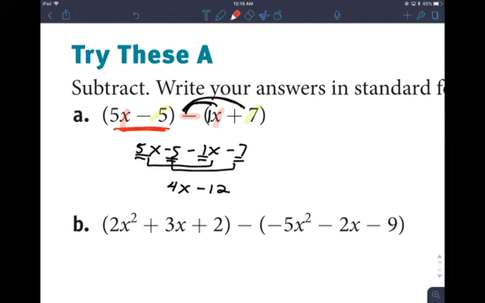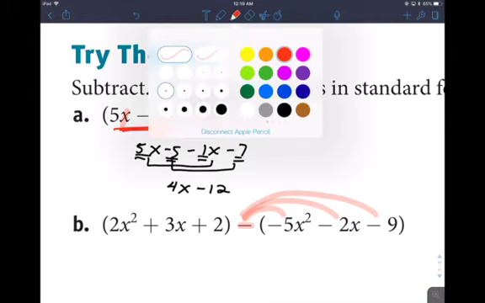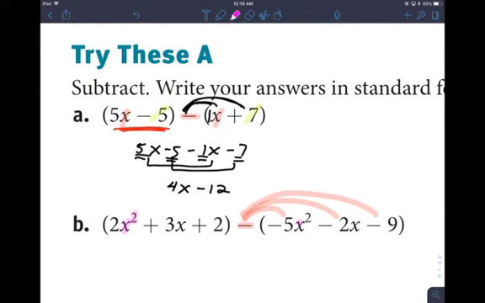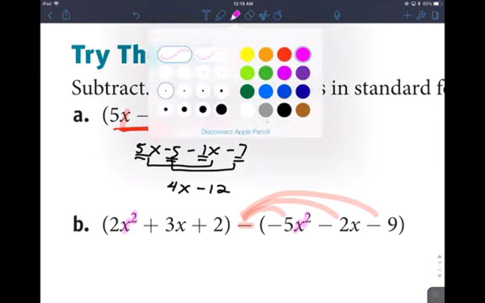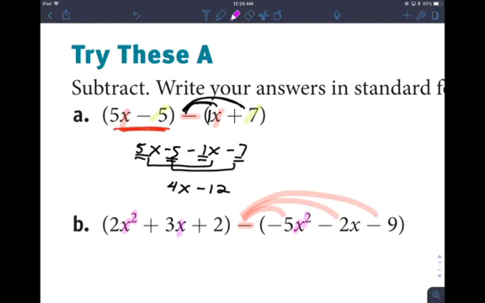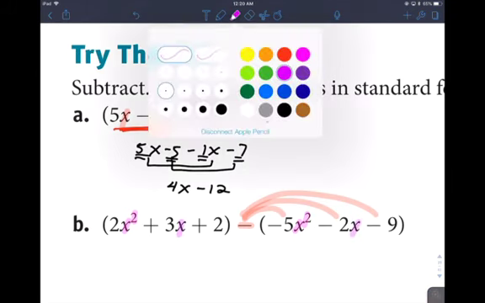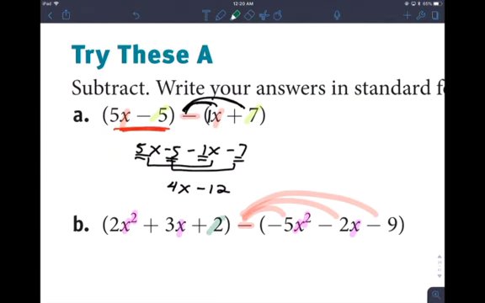Again, notice that we are subtracting. We have to distribute the negative to all that. Identify like terms. So x squared, x, and then I have my coefficient and my coefficient.